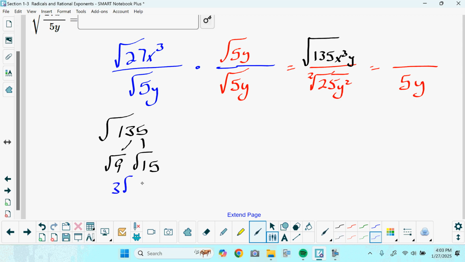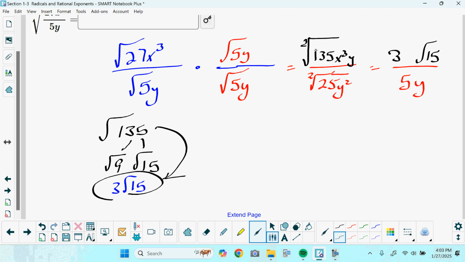So that gives me 3 square root of 15. Okay, so that's what the square root of 135 simplified down into. I can't simplify square root of 15 because 4 won't go into it, 9 won't go into it, and 16's above it. So I'm just checking one of those factors, right, of perfect squares to see if one exists. So that's going to give me a 3, and I'm going to say square root of 15.